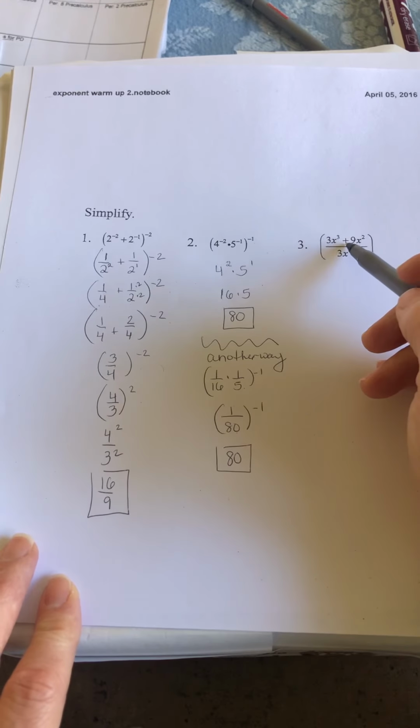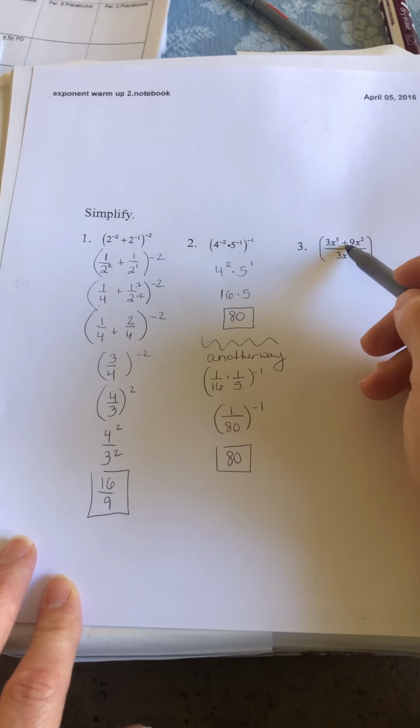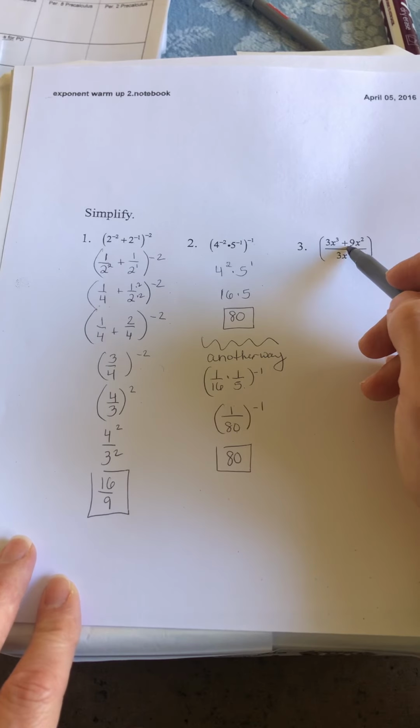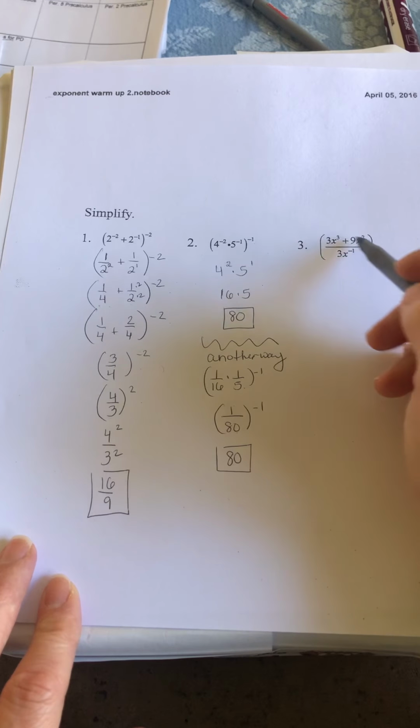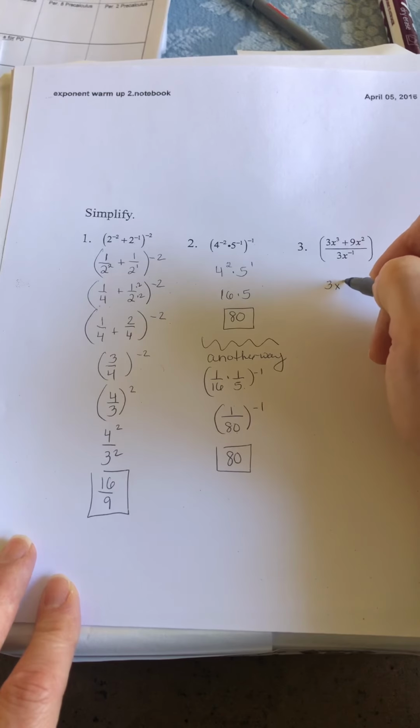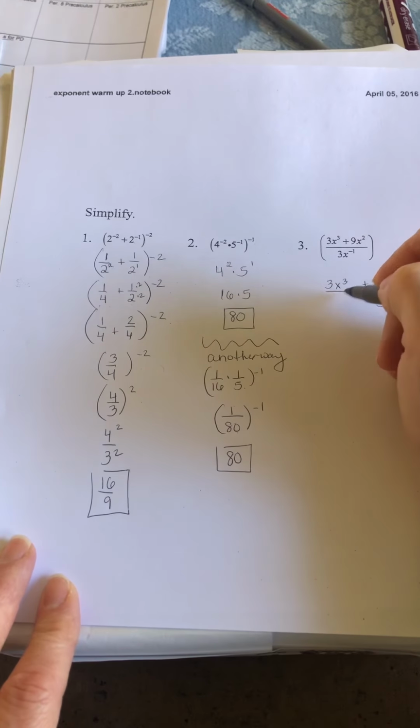So when we have either a plus or a minus on the numerator, so when we have more than one term separated by a positive or a negative here, we can break this into two fractions. So I can rewrite this as 3x cubed and then my 9x squared, and both of these are going to be divided by 3x to the negative first.